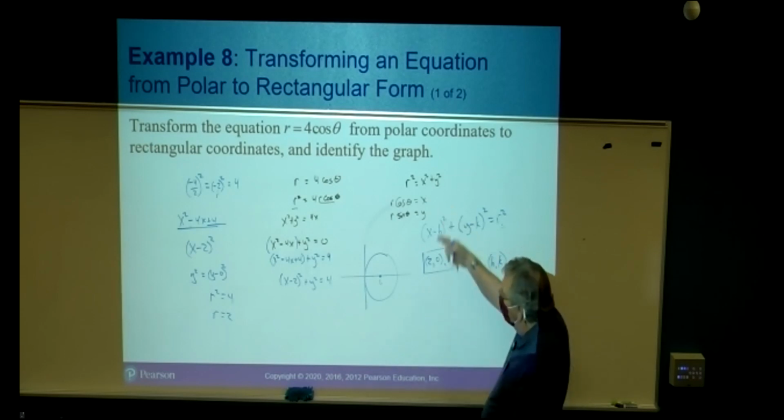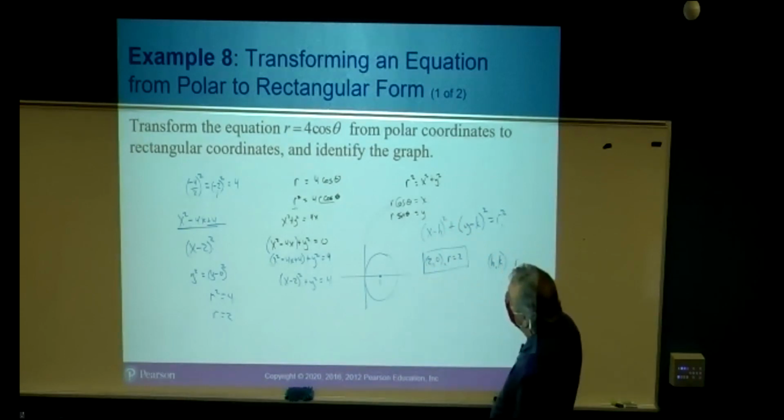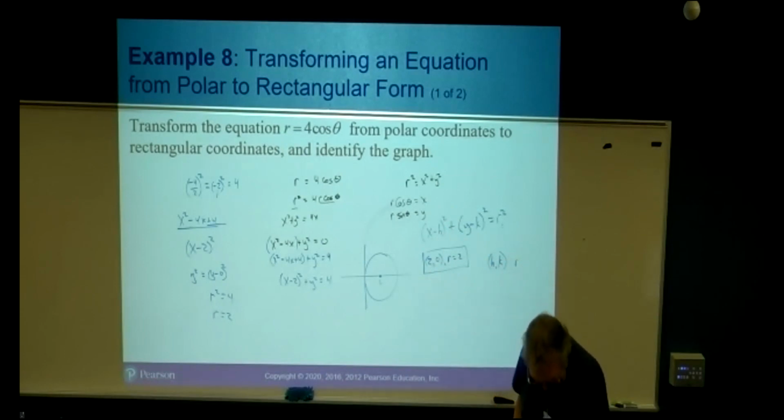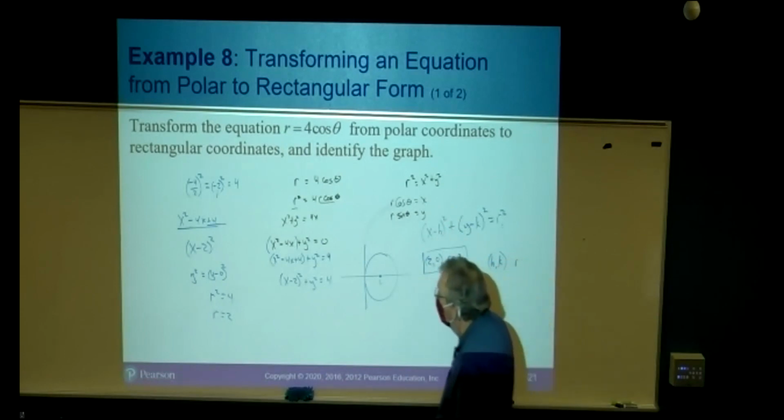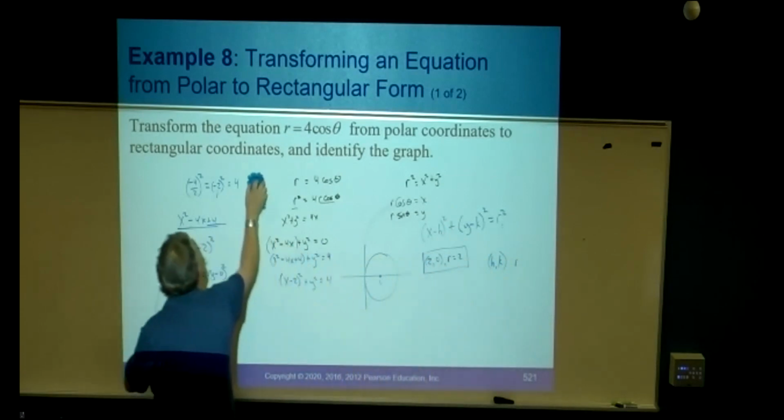And identify the graph. Well, the graph is a circle. They didn't ask you to graph it, but I like to graph it, even though my graphs look horrible most of the time. Okay.